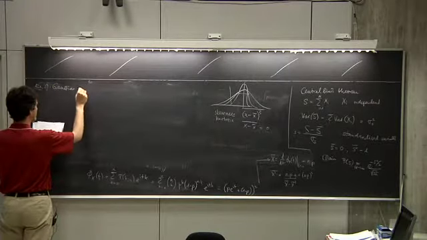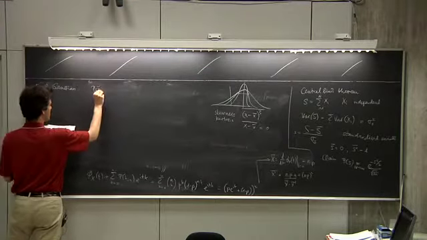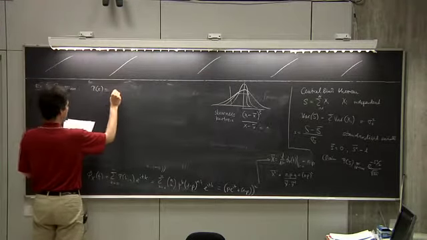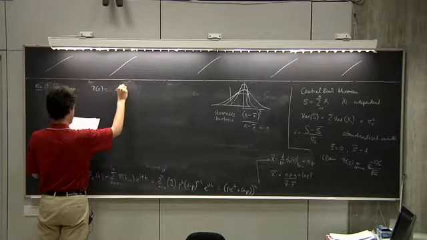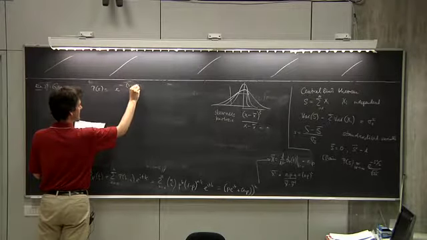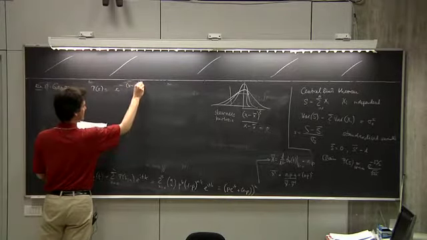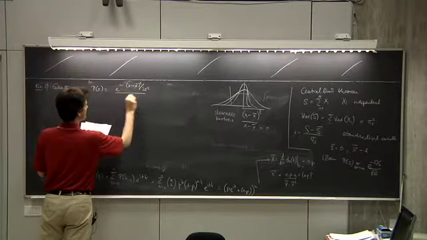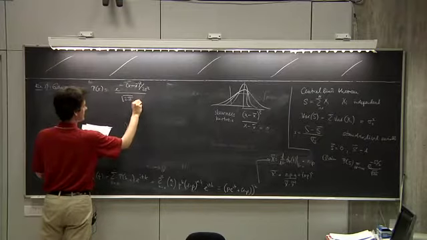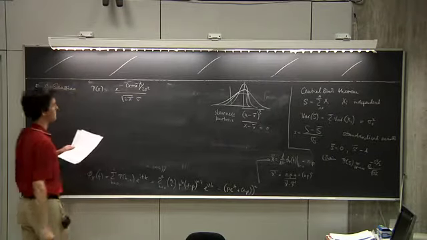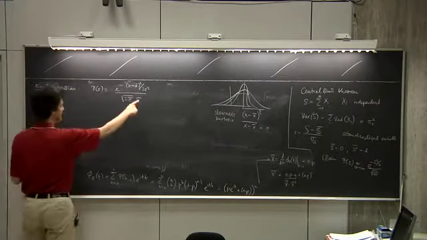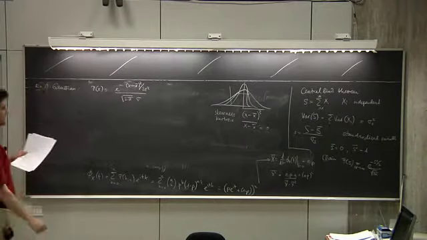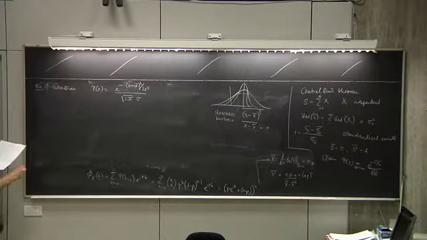A Gaussian distribution. So we take a P of x, which is, let's take the most general Gaussian. So I have this sigma, right? Okay. So this is the standard deviation, and that's the mean of this distribution. Good.